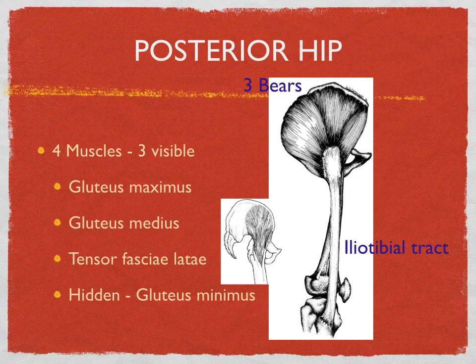And that allows the tensor fasciae latae muscle to be attached all the way down to the tibia. And not only that, but if you look back at the gluteus maximus muscle, look at its insertion, it actually has two insertions, one onto the structure called the gluteal tuberosity of the femur, and this is where the muscle powers the movement of your femur.